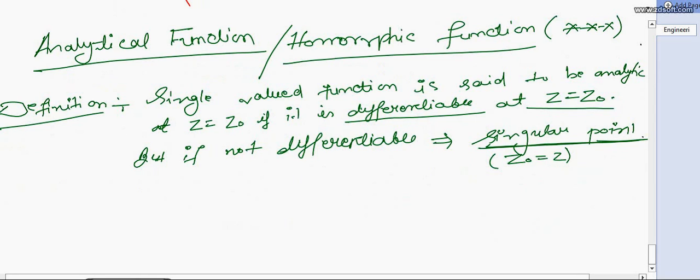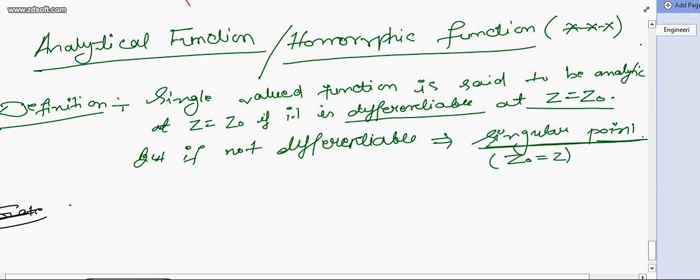Okay, so based on this, we have a lot of questions coming in GATE. Say for instance, this is not a GATE question, this is a general question.